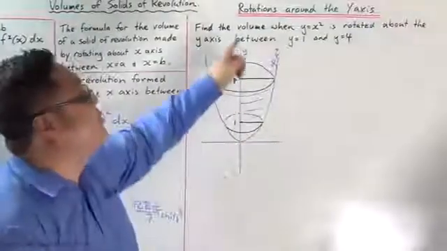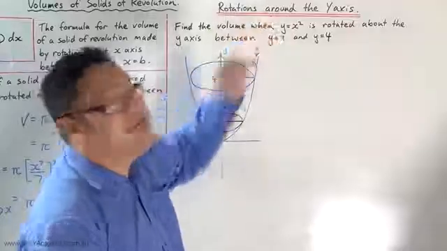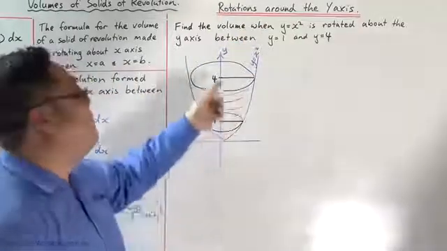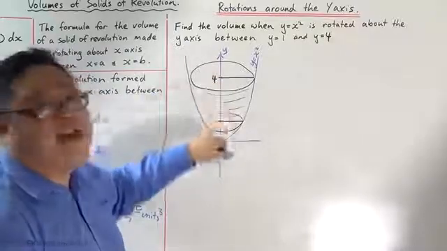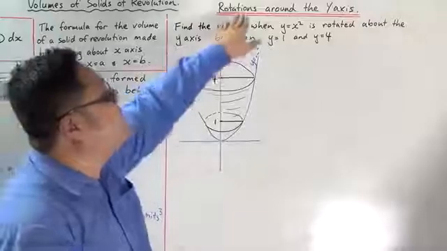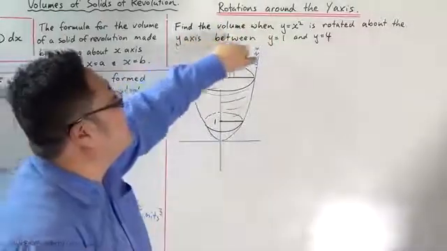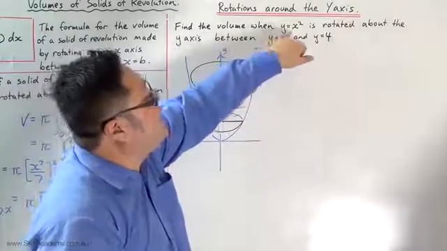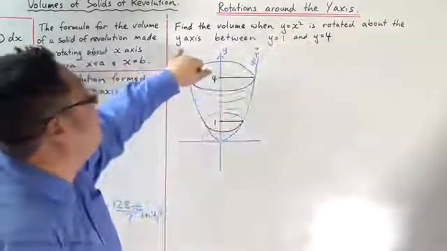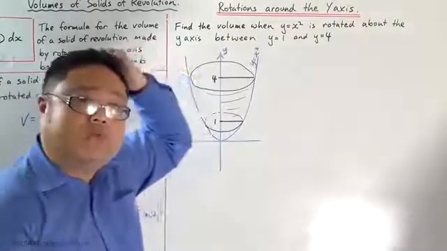Let's have a look at this example, because it is slightly different. What this example takes into consideration is that we are now rotating the function about the y-axis, not the x-axis. So let's read it out. Find the volume when y equals x squared is rotated about the y-axis between y is equal to 1 and y is equal to 4.